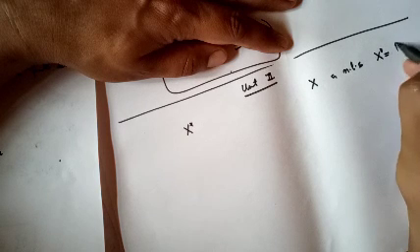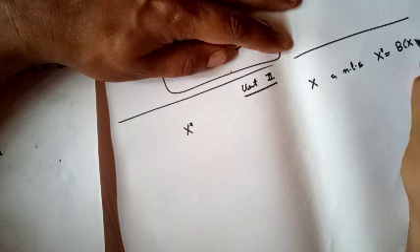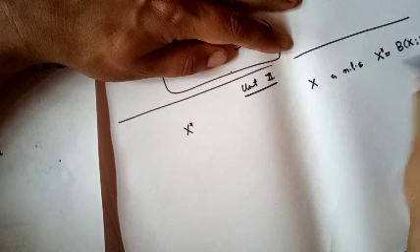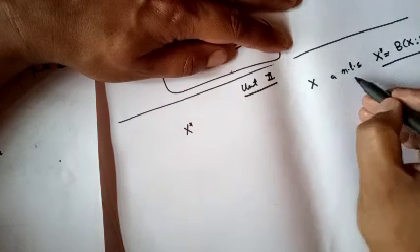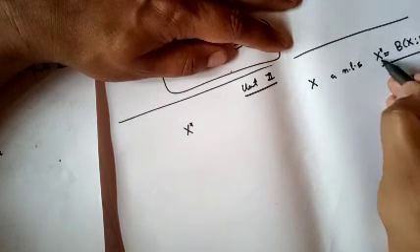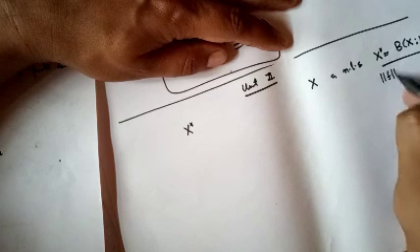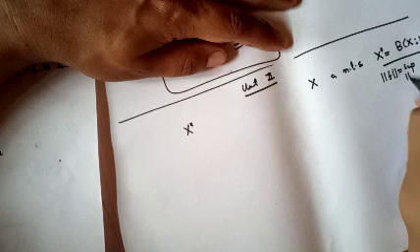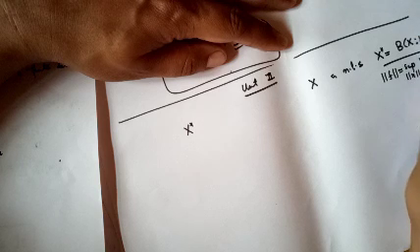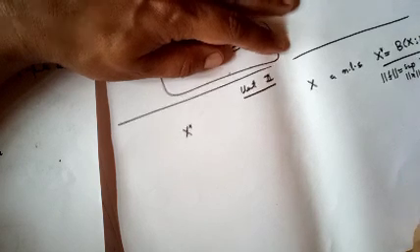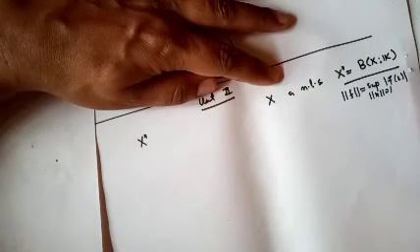Needless to say, it is basically the bounded linear operators from X to its field, right? Now this is true for every normed linear space, and of course this X star is a normed linear space under the sup norm, that is, the norm of f is equal to the supremum over norm of x equal to 1 of modulus of f of x, right? So it is itself a normed linear space.